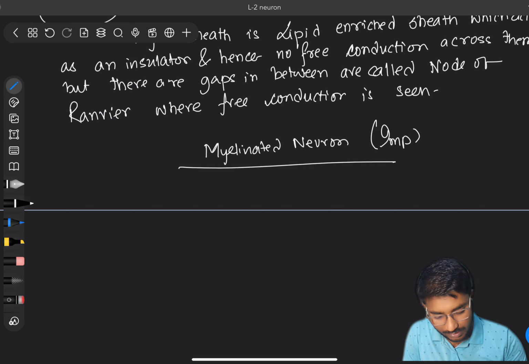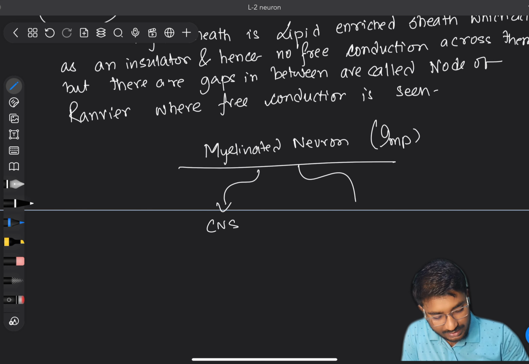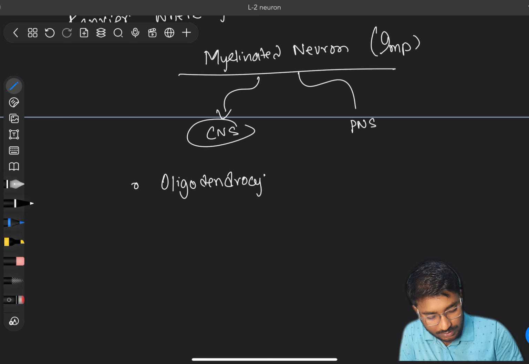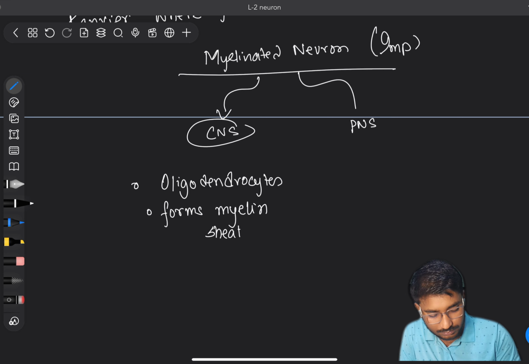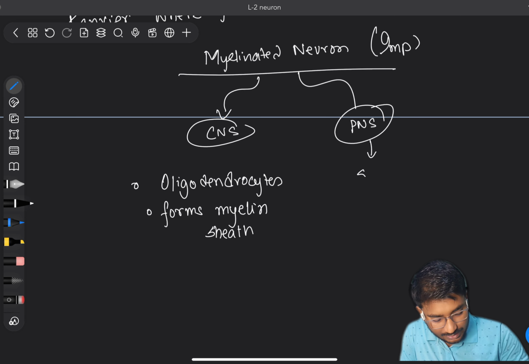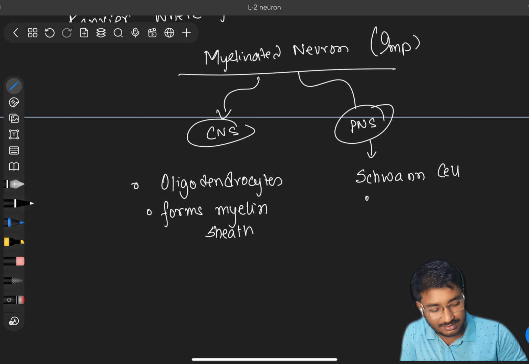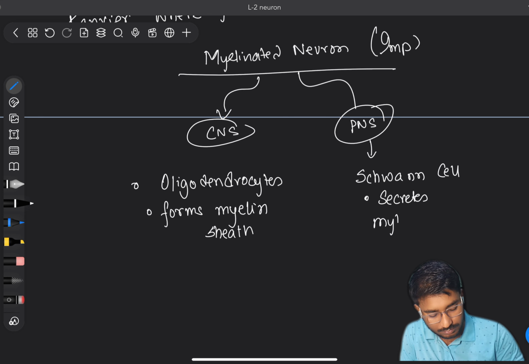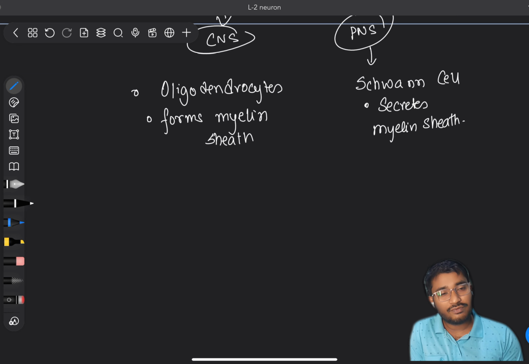The myelinated neuron is found in the CNS and in the PNS. In the CNS, oligodendrocytes form the myelin sheath, and in the PNS, Schwann cells secrete the myelin sheath.